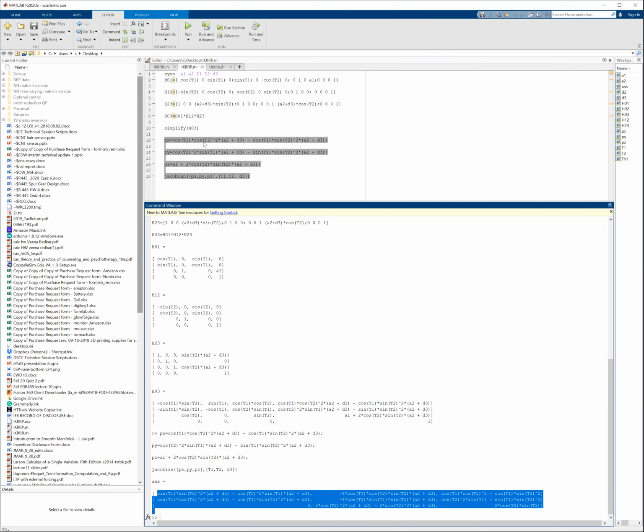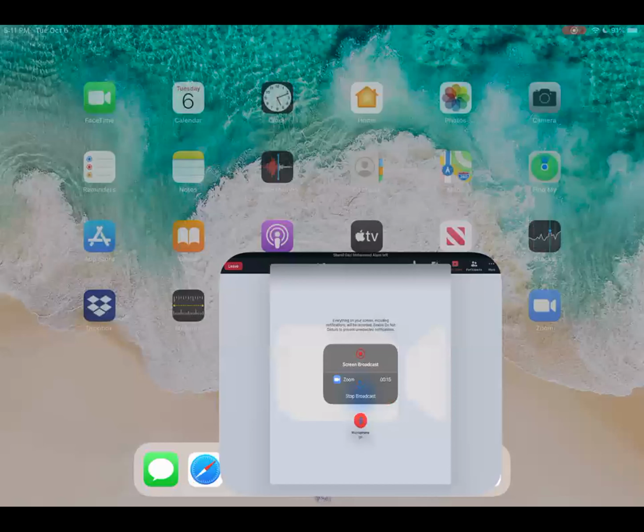In this solution, when we worked it out, we assumed the coordinate system to be in a different direction. I should be seeing my screen. Just a second. Yeah, you should be seeing my screen here.